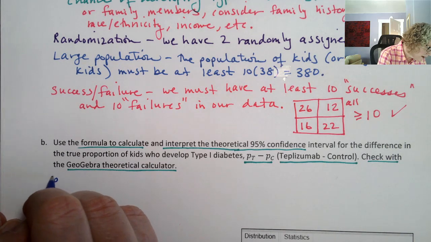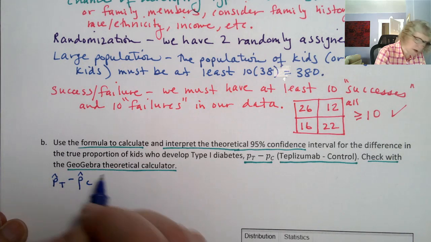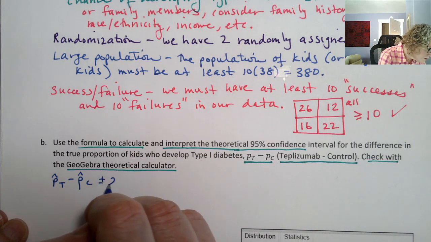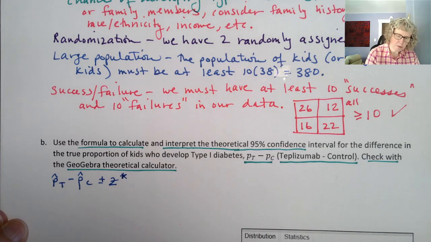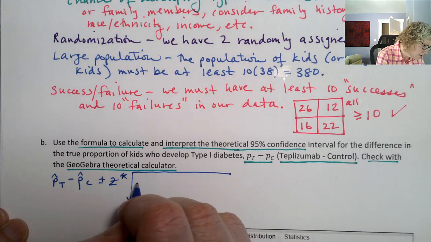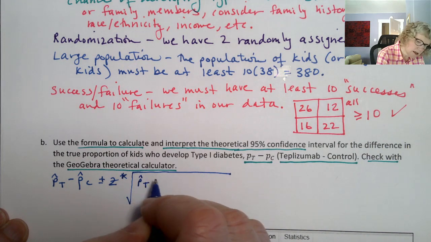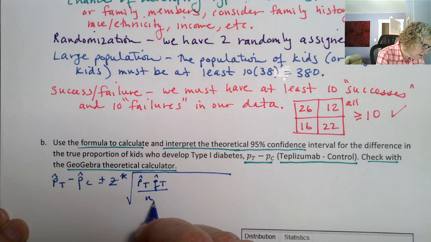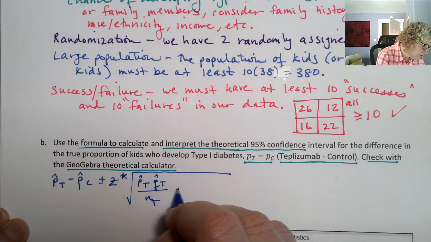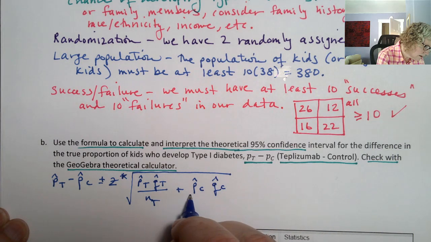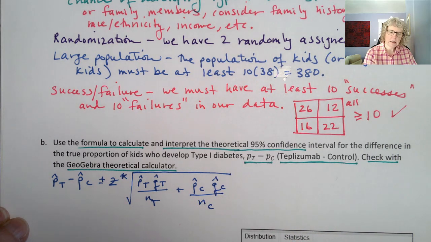So P hat T minus P hat C plus or minus Z star, times the big square root, P hat T Q hat T over N T plus P hat C Q hat C over N C.